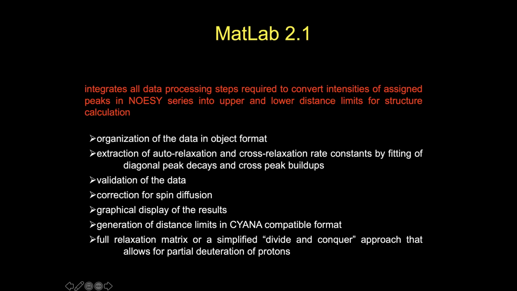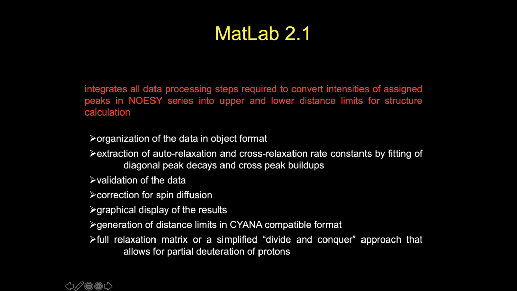It's open source, of course, so you can modify it. It extracts the auto-relaxation rates of the decay, or the diagonal decays, and the cross-relaxation rate constants, mostly driven by the cross peaks, but that are also slightly impacted by the auto-relaxation rate. So that's why you have to fit everything together.